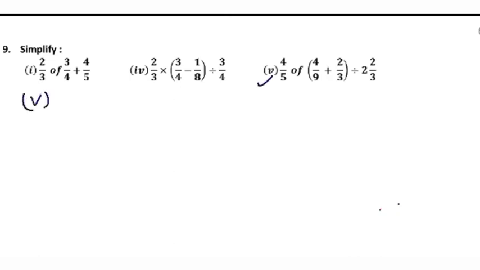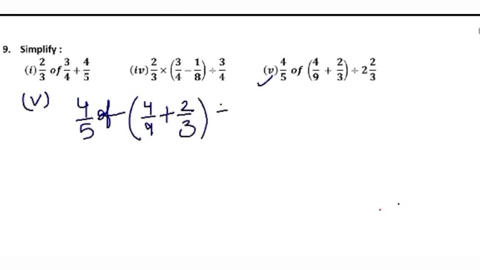Fifth part. 4 upon 5 of 4 upon 9 plus 2 upon 3, divided by, change this mixed fraction into improper. 3 2s are 6 plus 2, 8 upon 3. According to BODMAS, firstly you will solve the bracket.